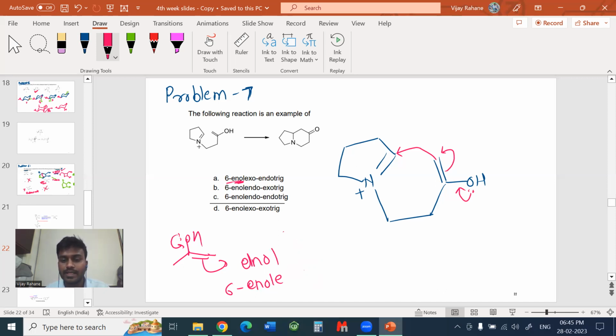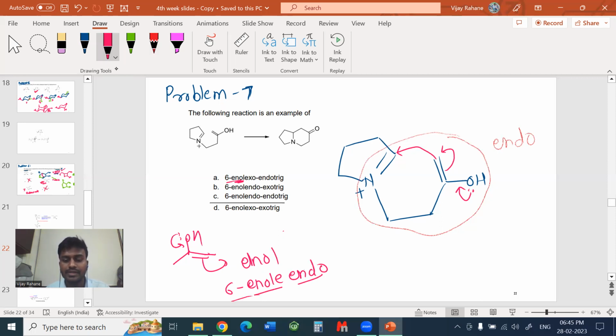Since it's inside this newly forming ring, this double bond is inside, so that's why it's endo. So 6-enol endo.